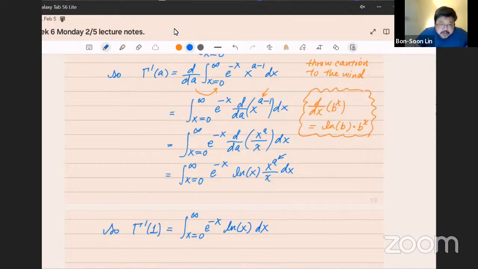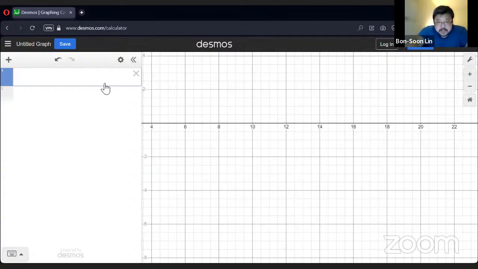Let's actually check out what this integral is, by the way. It is a number, but let's check out what this number is. So let me go to Desmos right here. All right. Let us type in this integral that we just got, which is the integral from 0 to infinity of e to the negative x times natural log of x dx.